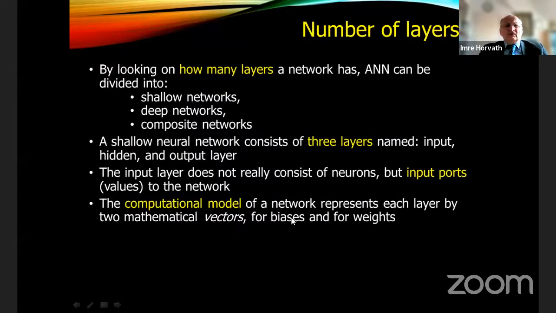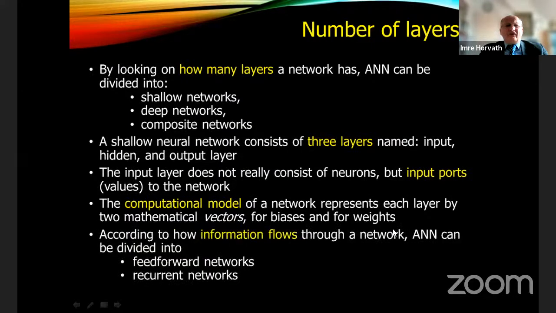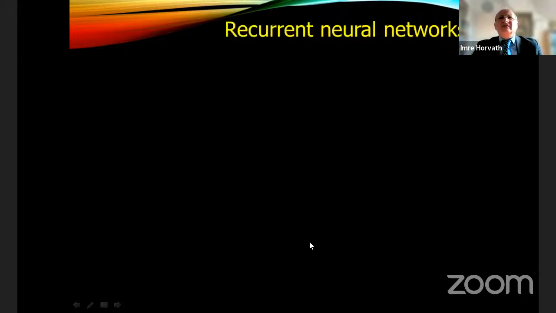The computational model of the network represents each layer by two mathematical vectors, one for biases and one for weights. According to how information flows through a network, artificial neural networks can be divided into feed-forward networks, which are propagating the information continuously ahead, and a recurrent network in which there is also a backward propagation effect. It is not overall, it is typically local in recurrent network.